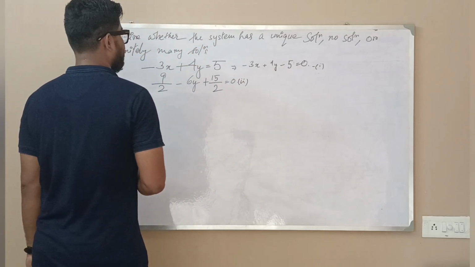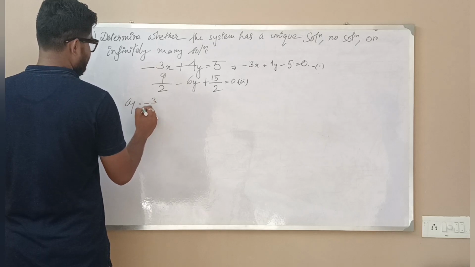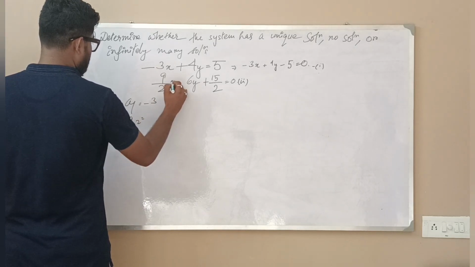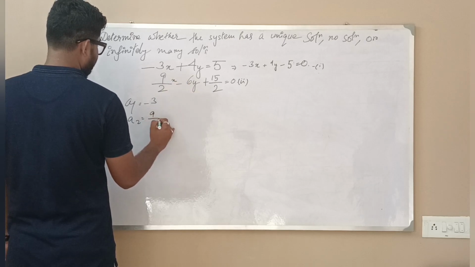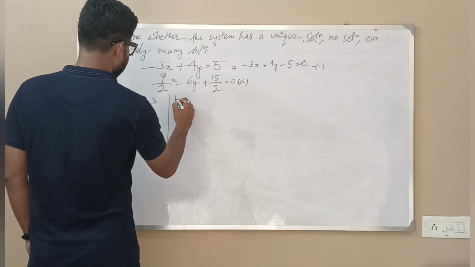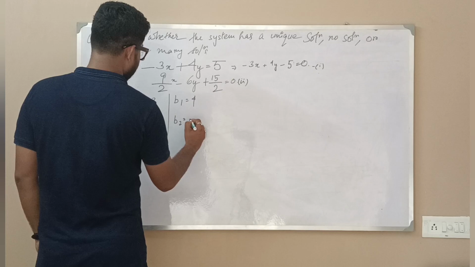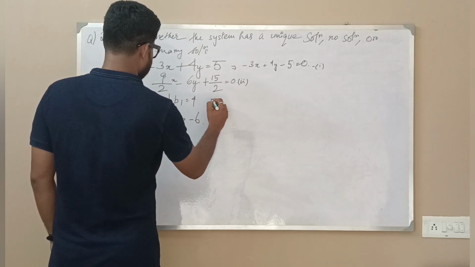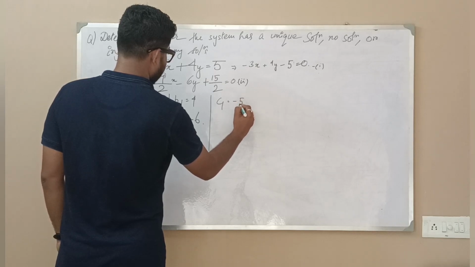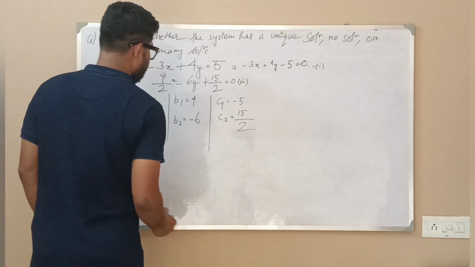So we can write a1 as minus 3 and a2 as 9 by 2, and b1 as 4 and b2 as minus 6. The c1 as minus 5 and the c2 as 15 by 2.